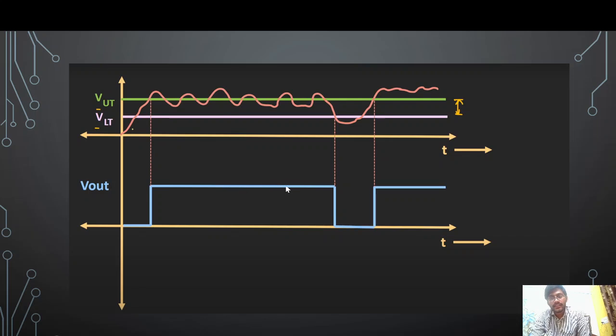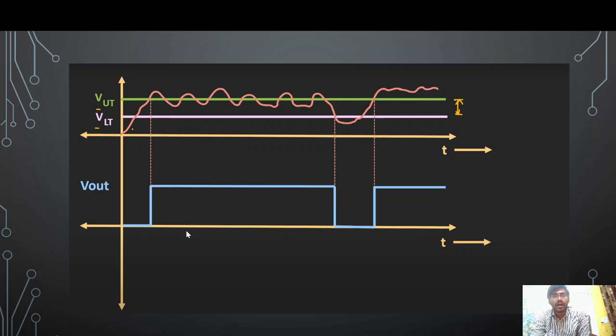So we can say that the Schmitt trigger provides noise immunity here. The difference between the upper and the lower threshold is known as the hysteresis voltage of the Schmitt trigger. So basically this hysteresis voltage defines the noise immunity of a given Schmitt trigger. If you observe in this example, there are four parameters which are required to define the Schmitt trigger.